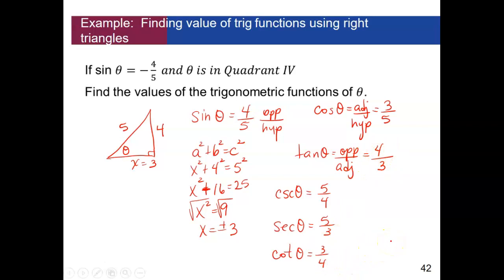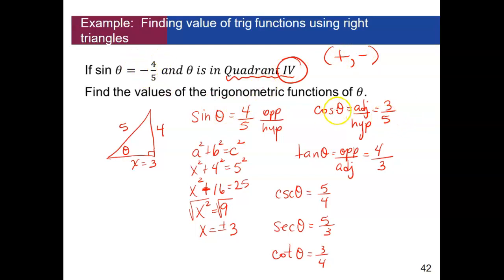Okay, we're almost done. And when I say almost done, we still haven't used the fact that we're in quadrant 4. So in quadrant 4, we have a positive and we have a negative. Okay, so that means that cosine is positive, sine is negative in the 4th quadrant. So our sine they already gave us.